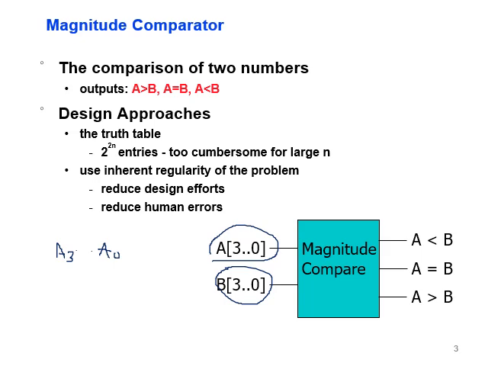I want to compare between them. This is magnitude comparison, to come up with the results, which could be either A lower than B, or A equal to B, sorry, or A greater than B. These are my results of comparison.